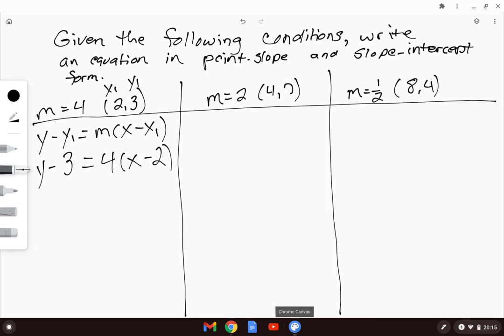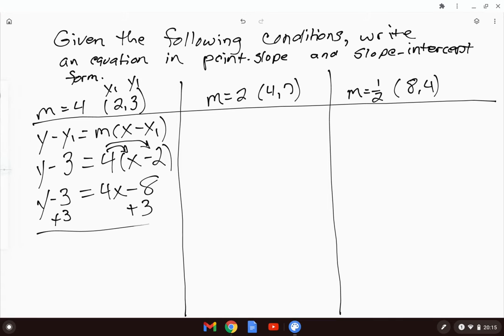All right? So now all I do is distribute here. So that gives me y minus 3 equals 4x minus 8. And then I simply add the y1 to both sides. And y would equal 4x minus 5.